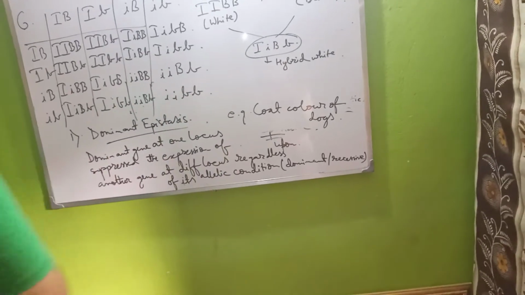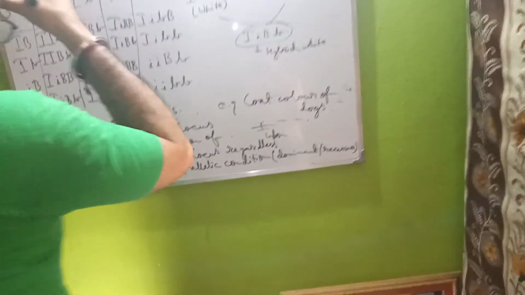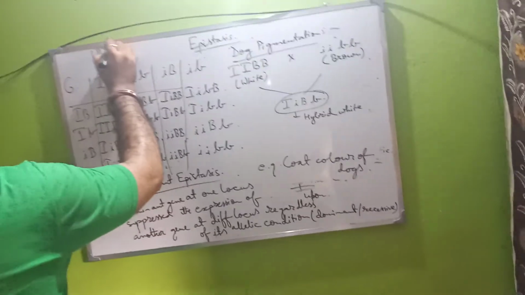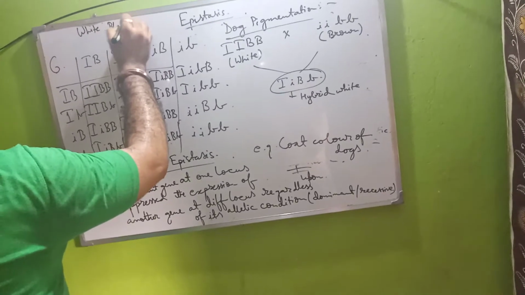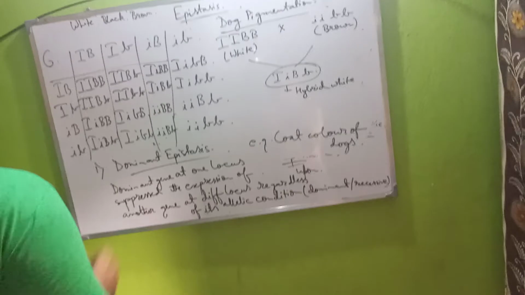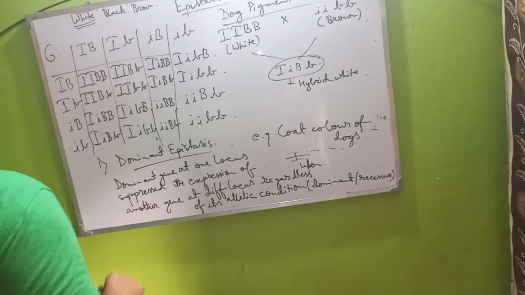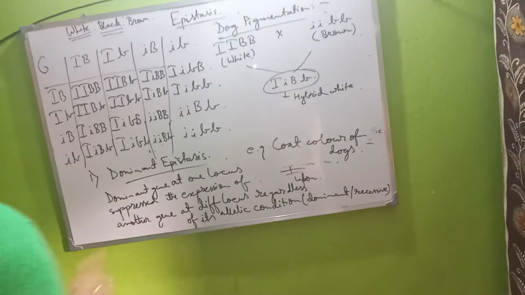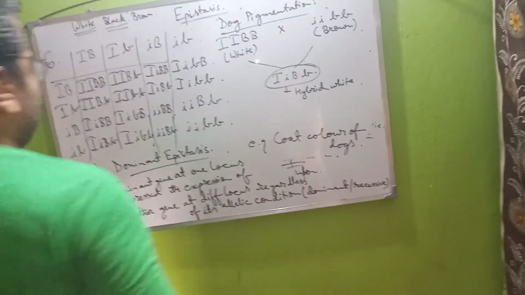Now see the thing. Suppose there are three puppies, one is white, one is black, and the last one is brown, which is totally recessive. White is the most dominant one, black is the next dominant, and brown is the recessive one.